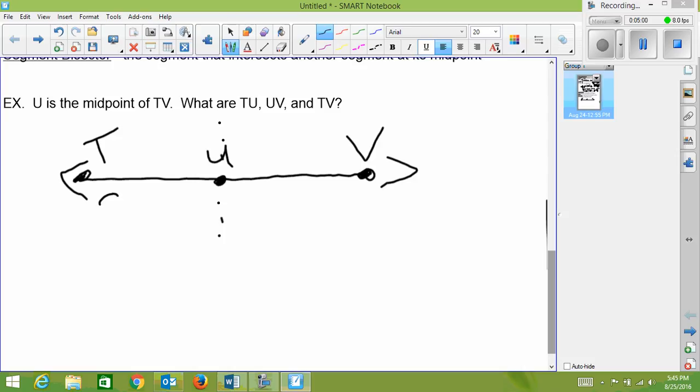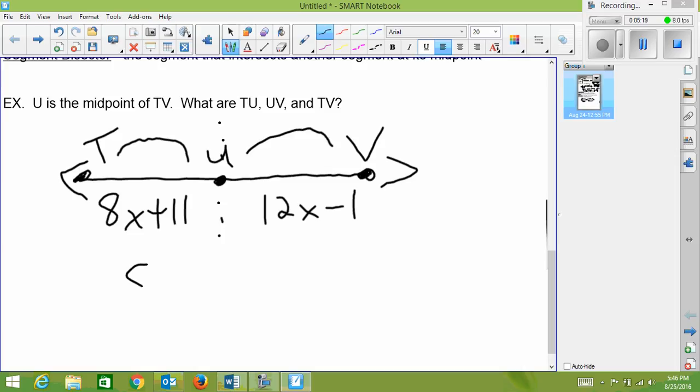Okay? So they're going to say 8x plus 11 and 12x minus 1 for this side. So I want to know, what is TU, what is UV, and what is TV? If they're saying that TU is the same distance as UV, I can set these two things equal to each other. I cut the segment in half equally.